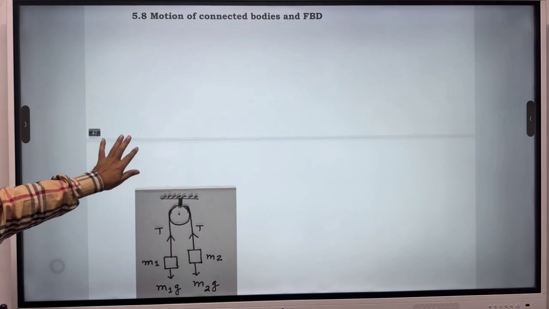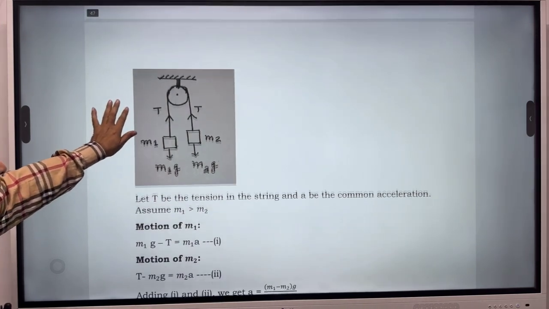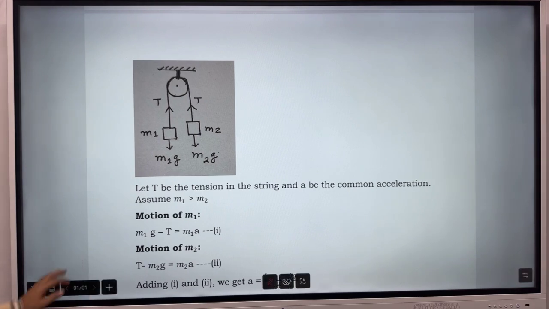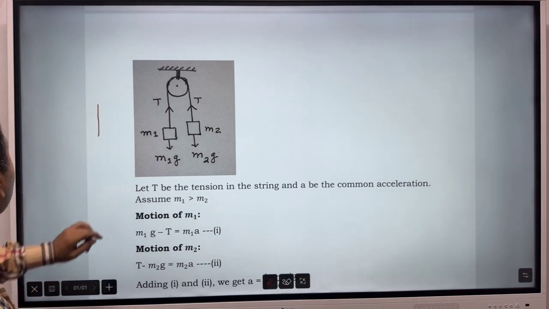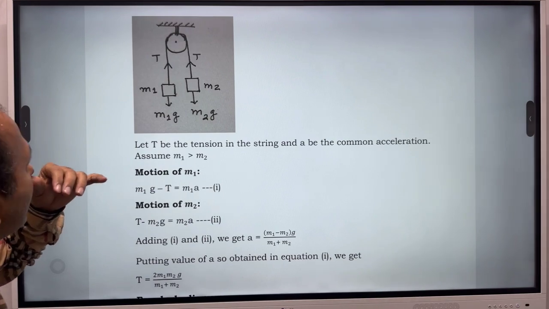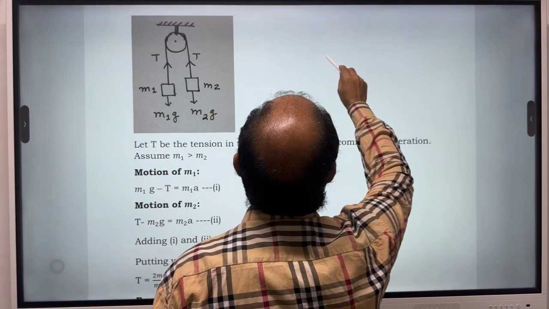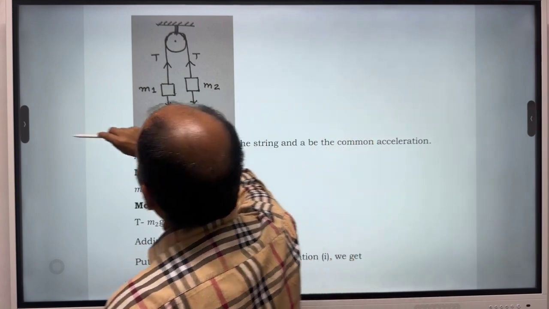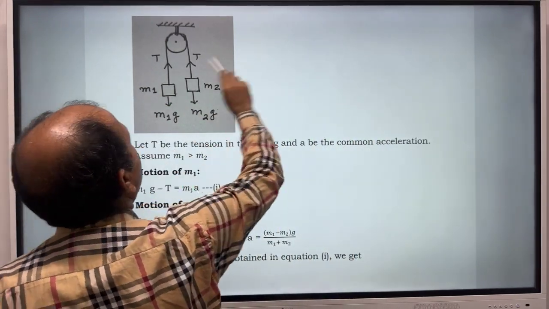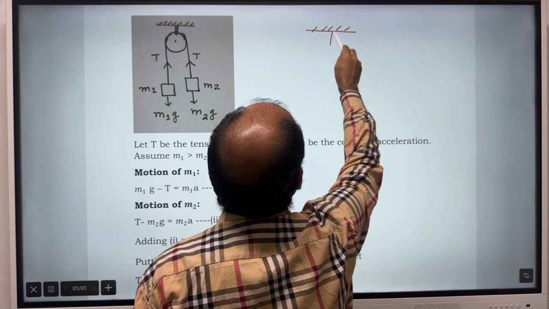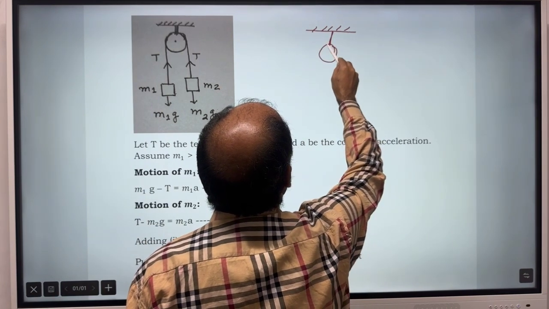Now, motion of connected bodies. Here this is an important derivation. Let's derive the expression for tension and acceleration. The situation is shown. Here this is a rigid support and here there is one pulley.